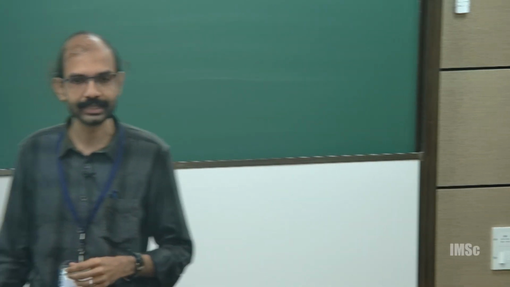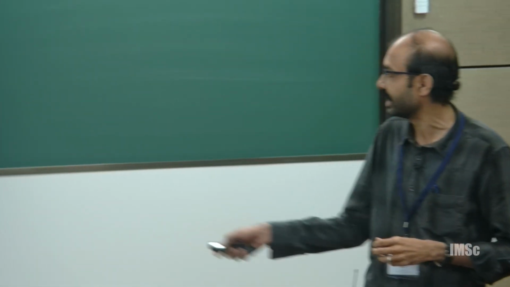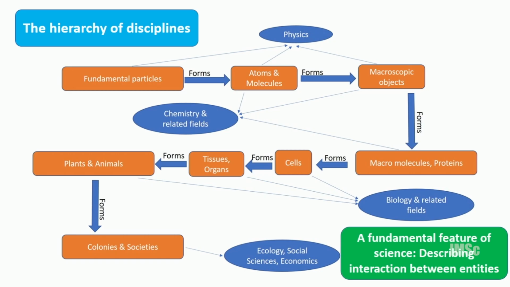In physics this is relatively straightforward and simple, and as you might have realized, at higher orders of organization these questions become very difficult. For example, asking how two amoebas or two living beings interact is more difficult than asking how two electrons interact.